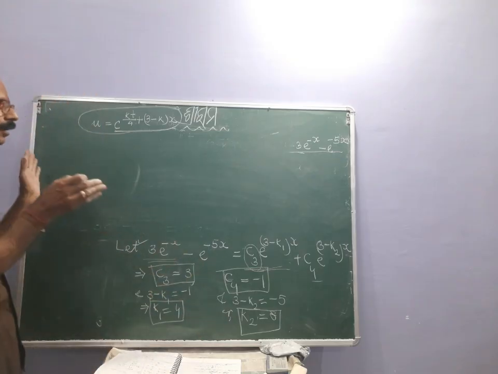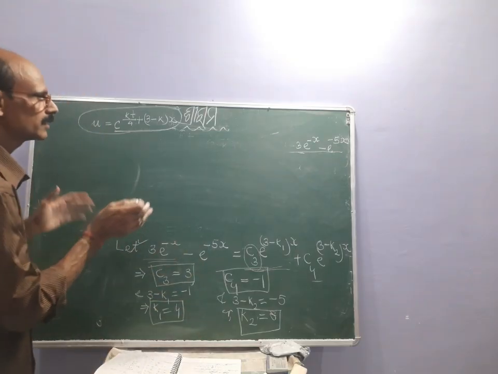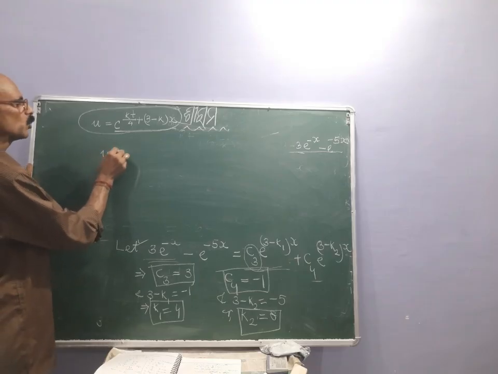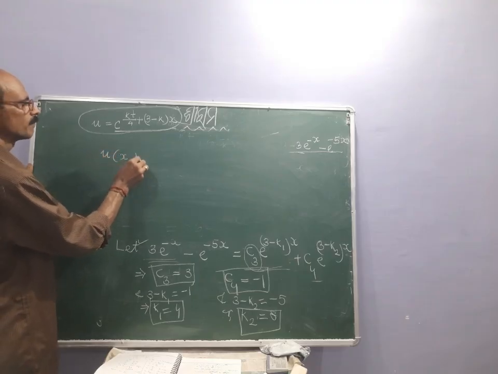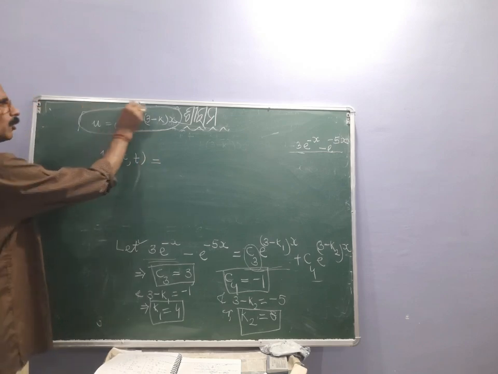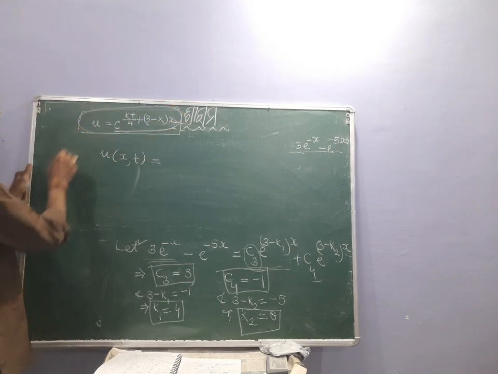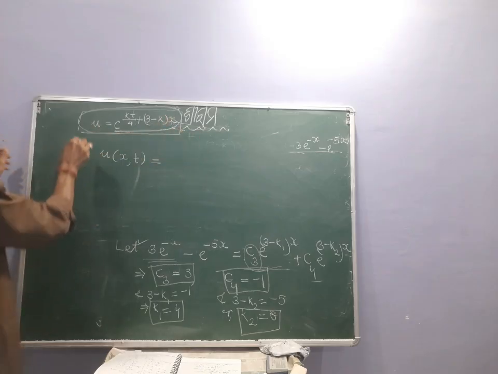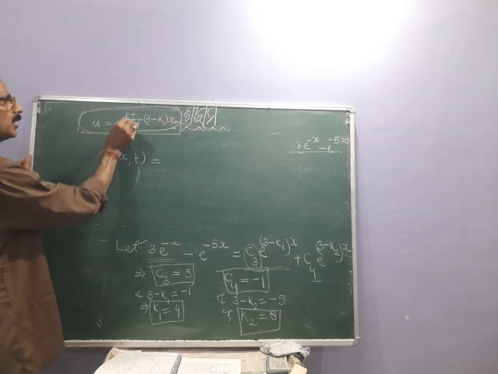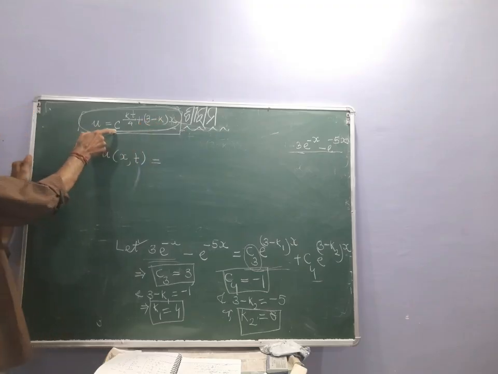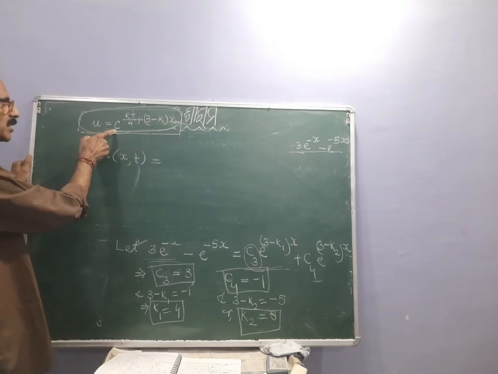Now ultimately we'll write the final equation. Final equation is u(x,t) is equal to, see, we had obtained the equation before using boundary condition. u is equal to c exponential kt by 4 plus 3 minus k into x, where c is product of c1 c2.